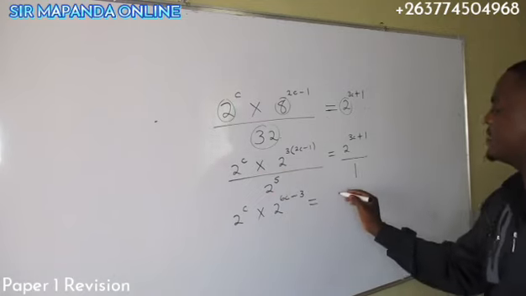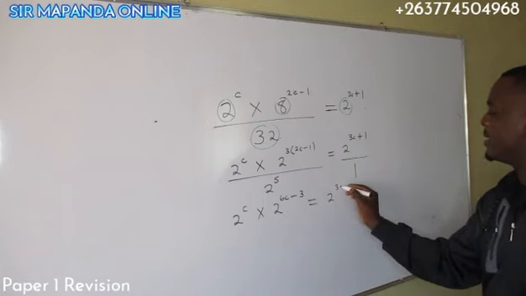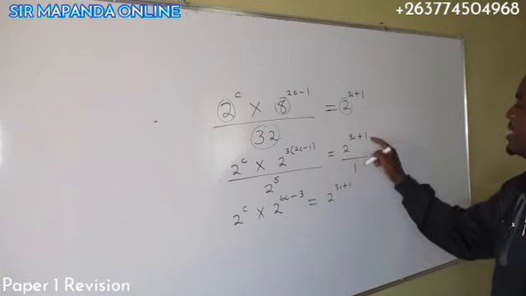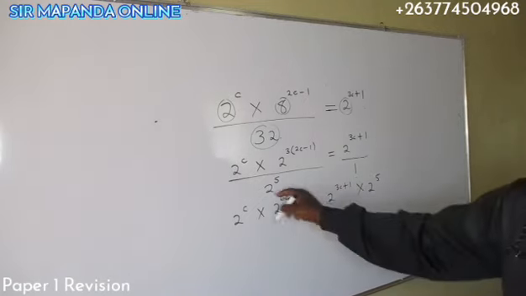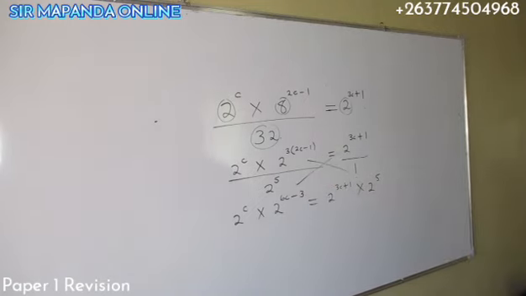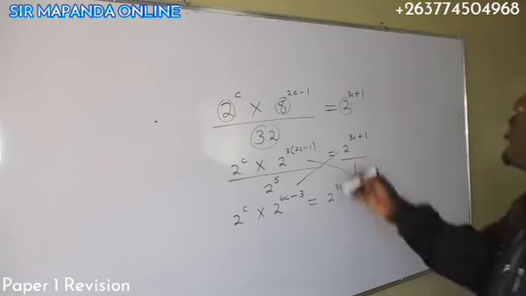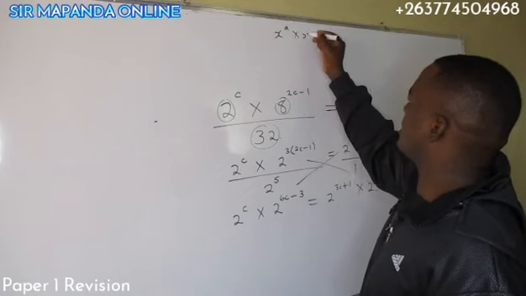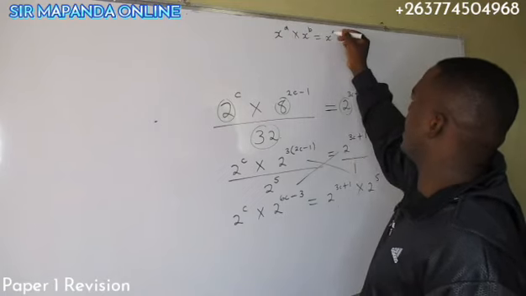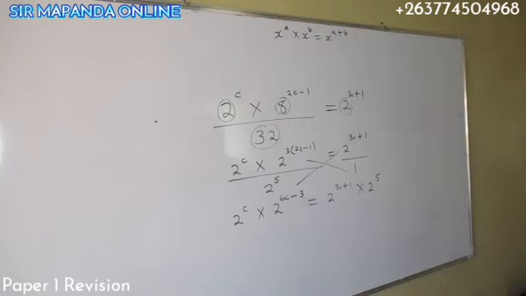Then on the right side, you are saying 2 to the power of 3c plus 1 is going to multiply 2 to the power of 5. So you are multiplying diagonal numbers. I hope you are following. So applying the law of indices, if you multiply numbers with the same base, you simply add the powers.